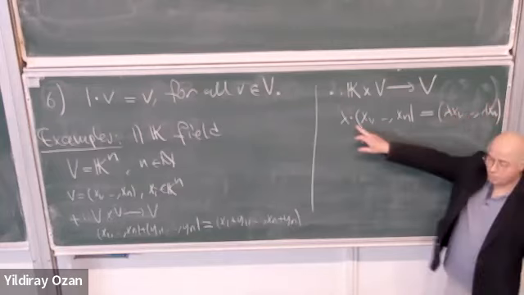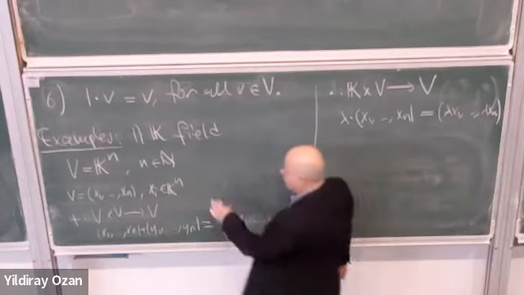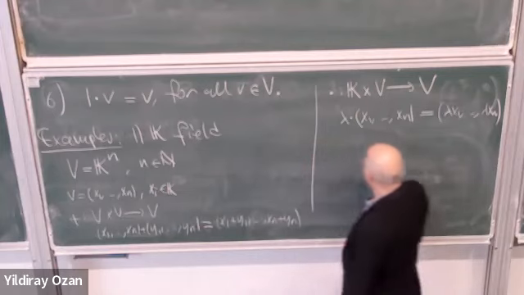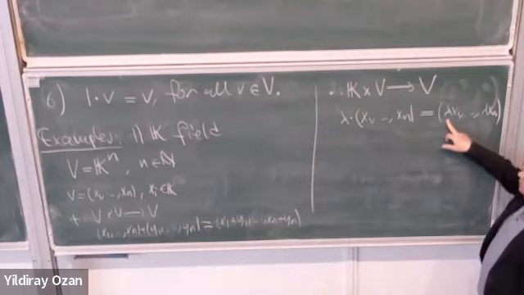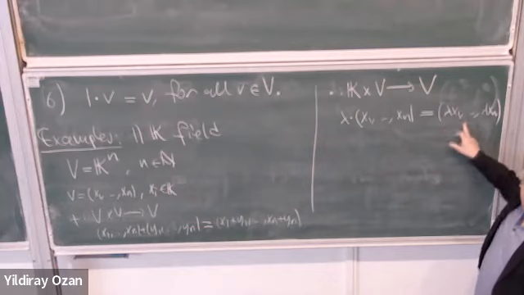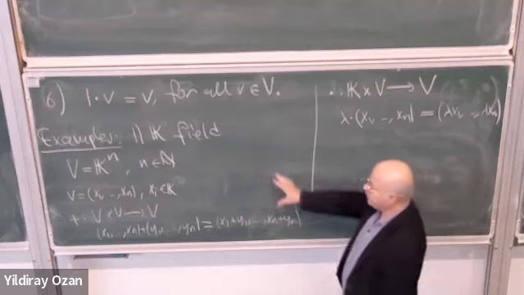This is the product we define, and it is the product of field elements. Each xi is an element of the field, and lambda is also an element of the field, so I know how to multiply lambda and the xi's. I just multiply lambda with each.